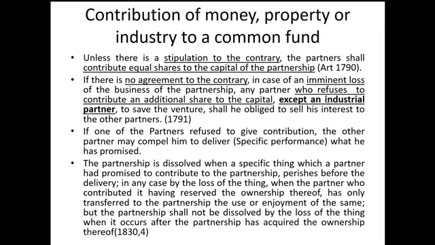Okay, now ganito yun. Sa 1830 paragraph 4, meron tayong 4 scenario. Halimbawa, si A, nag-promise na mag-contribute ng determinate object, pero ang agreement is na ililipat niya ang ownership sa partnership upon delivery. Sabi ng batas, pag ang object na yon ay na-lost before delivery, the partnership is dissolved.